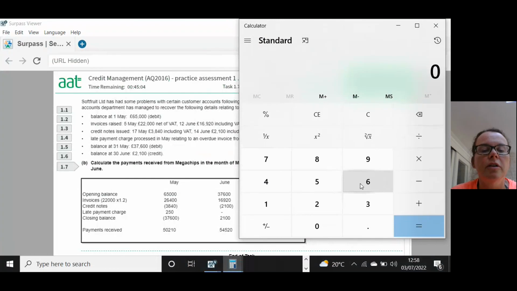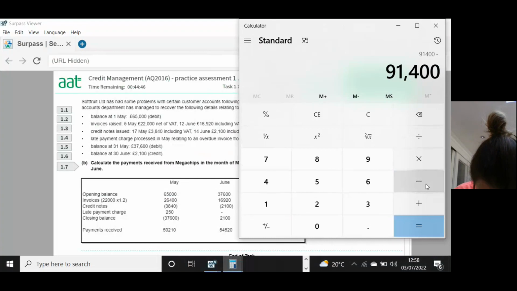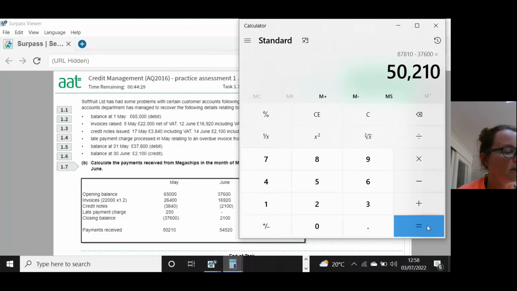So I've got 65,000 plus 26,400 minus 3,840 plus 250 minus 37,600 equals, yeah, is correct.